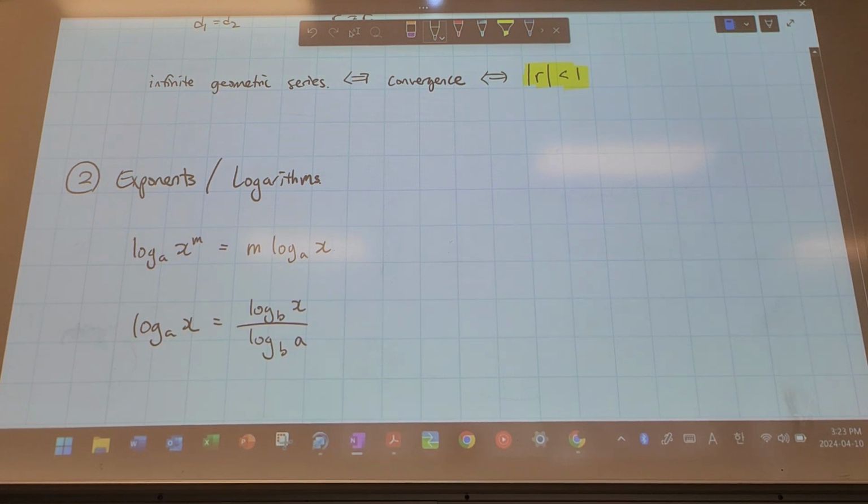This is especially useful, and this b value doesn't have any requirements, right? So if you want, you can swap it with some numbers that are related to x and a, so that you can easily represent the logarithms. So these two are useful. Although they're in the booklet, I just rewrote them.